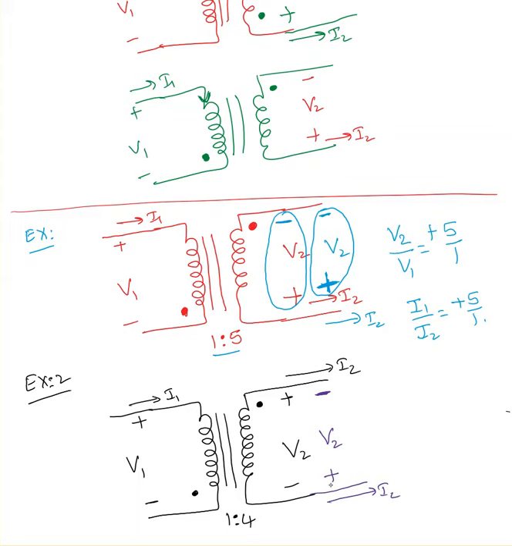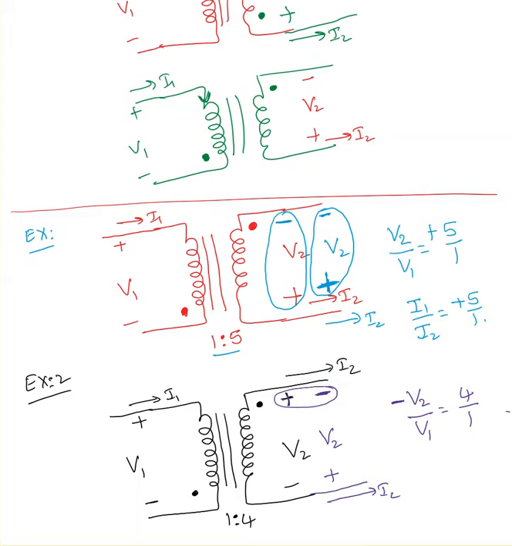Whatever you found, it has to leave that terminal. But the author already gave you this terminal as positive, which is opposite to what you found. So when you find the ratio V2 over V1 equal to 4/1, take this V2 as a negative value.